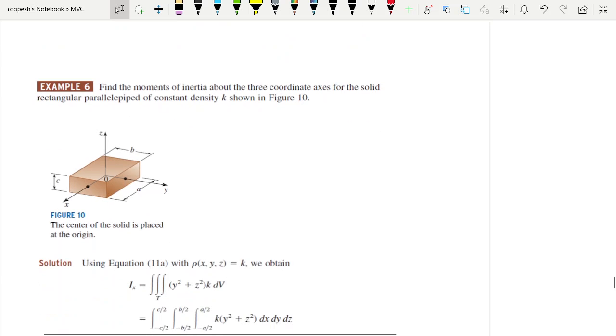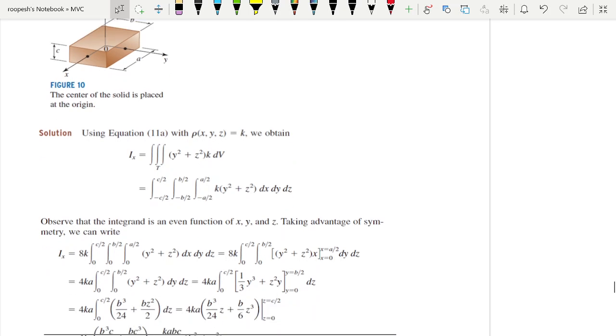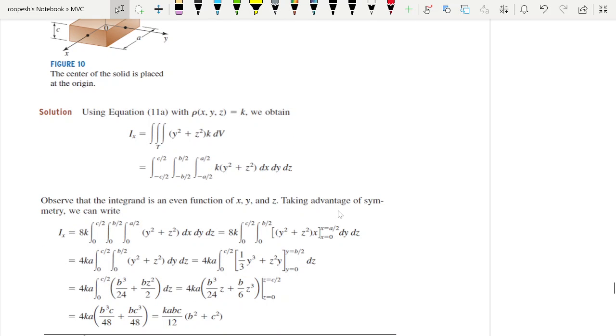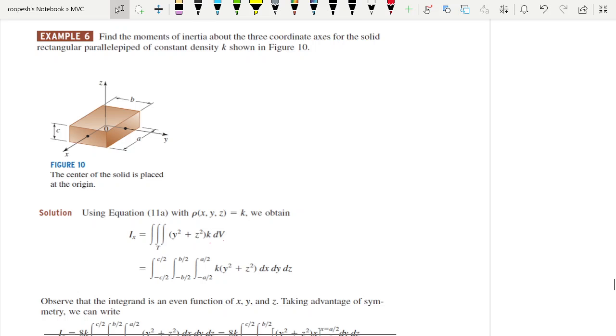The next example is: find the moment of inertia about the three coordinate axes for the solid rectangular parallelepiped of constant density k. Using the equation we get rho(x,y,z) equals k, and we obtain Ix equal to the triple integral over T of y squared plus z squared into k dV. So we want to give its limits.